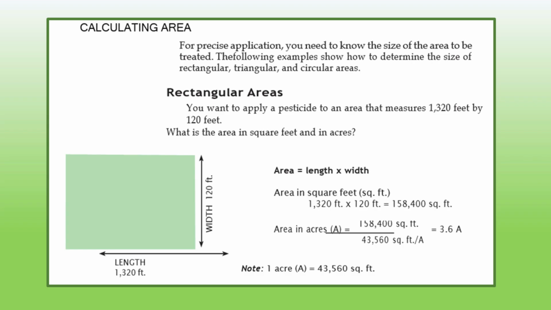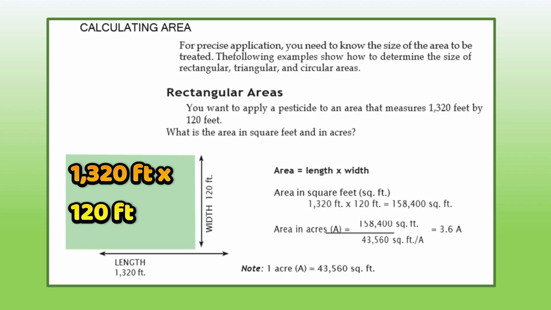As you can see at the bottom here, we've got the length at 1,320 feet. We've got the width on the right at 120 feet. In our calculation, area is going to equal length times width. So first in our calculation, we're going to take the length, 1,320 feet, and times it by the width, 120 feet.